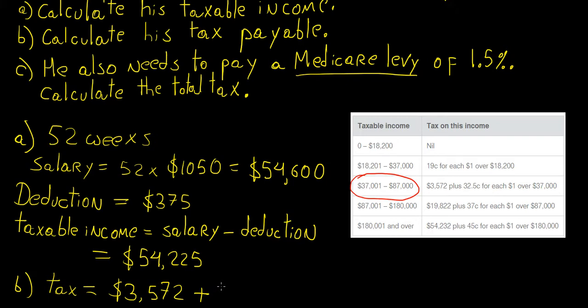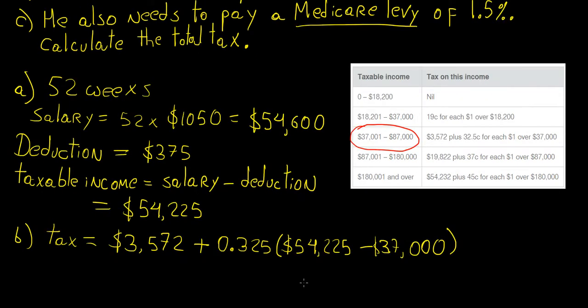So we need to convert that to decimals, so 0.325. And now we're going to multiply that by the amount that is over 37,000. In this case, all we need to do is subtract 37,000 from his taxable income, minus 37,000, like this. And now all we need to do with that is just put it in the calculator and see what that comes down to.